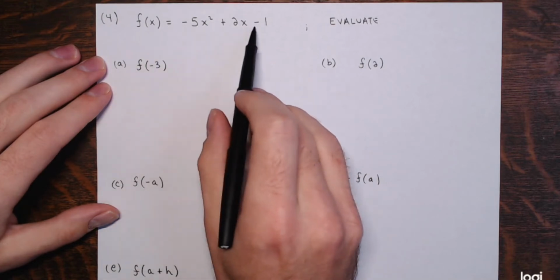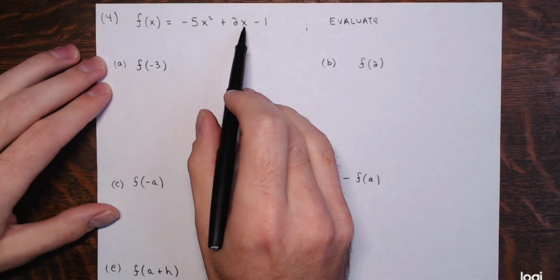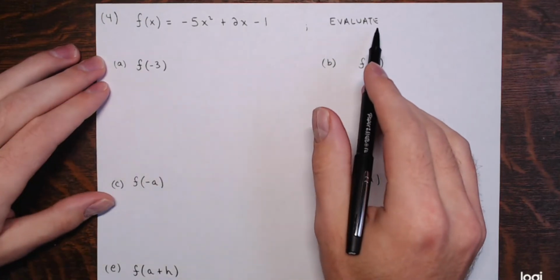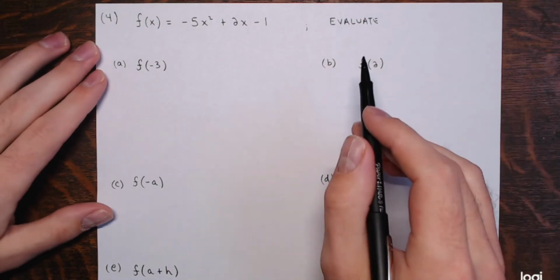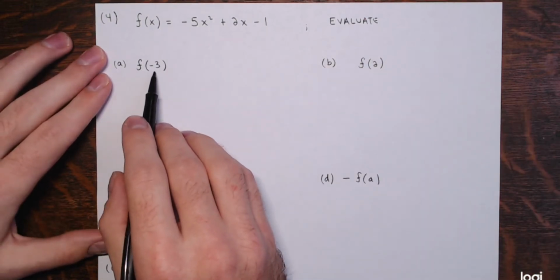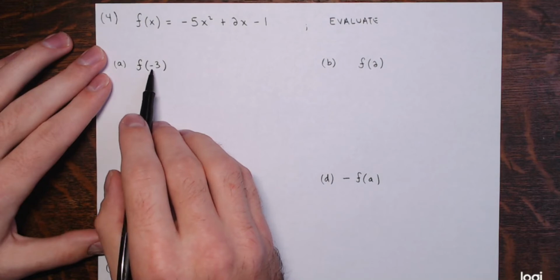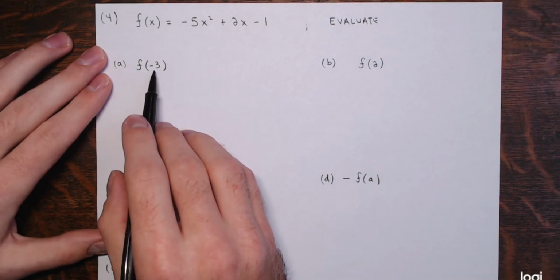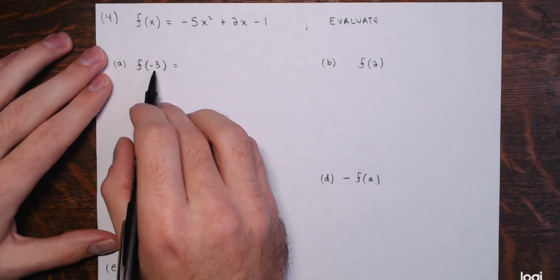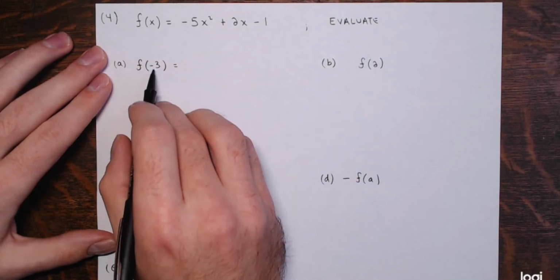The expression over here involves only x's. All right, so evaluate the following, and I've done this already with the other examples. What's the value of f when the input is -3? What's f of -3?